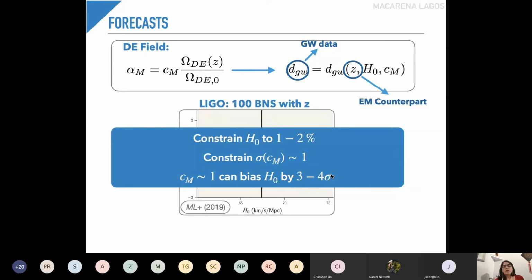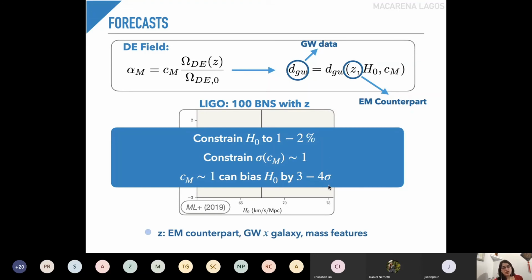So this degeneracy and this bias example is just emphasizing the importance of testing extensions of lambda CDM in general to make sure that the fundamental assumptions that we make about our universe are not biasing and affecting the constraints. And that's especially important for sensitive parameters like H naught, that we really need to make sure that the constraints that we find are robust.